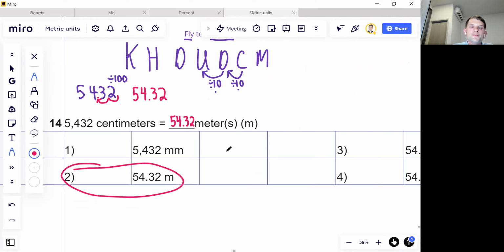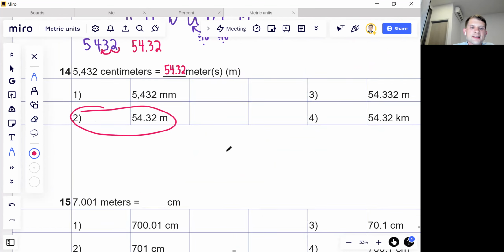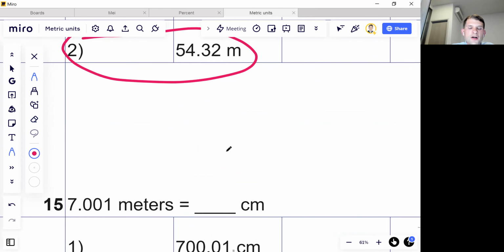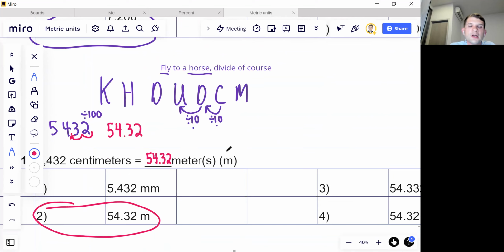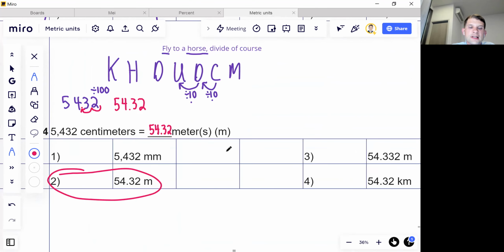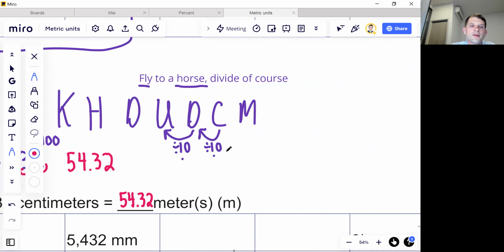After selecting number 2, this next one says 7 and 1,000 meters equals how many centimeters? So here we need to do pretty much the same steps as last time, just go from meters to centimeters. That's 2 steps again, but we're going from a big unit to a small unit.